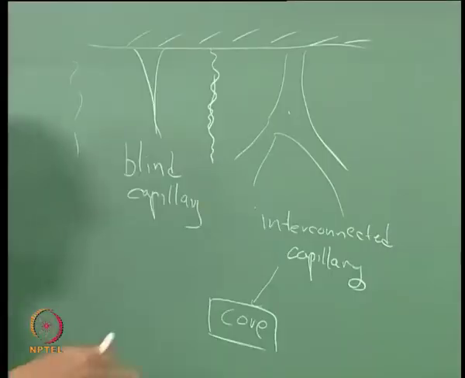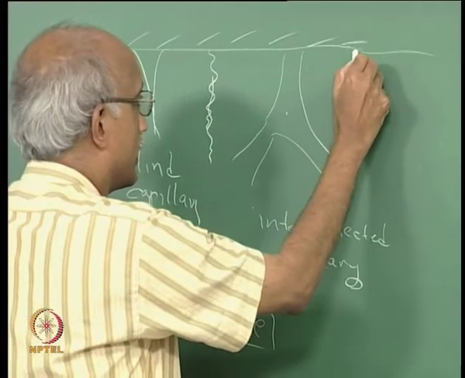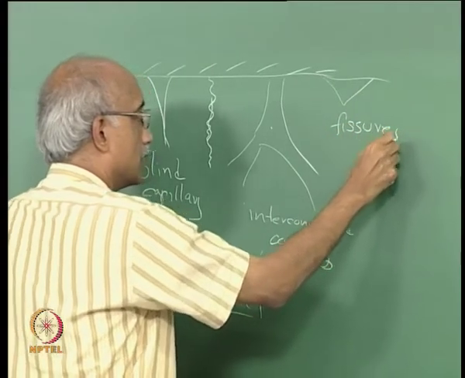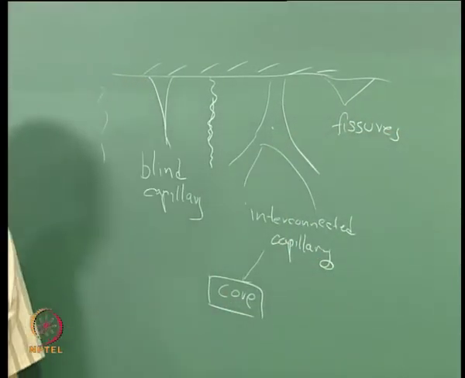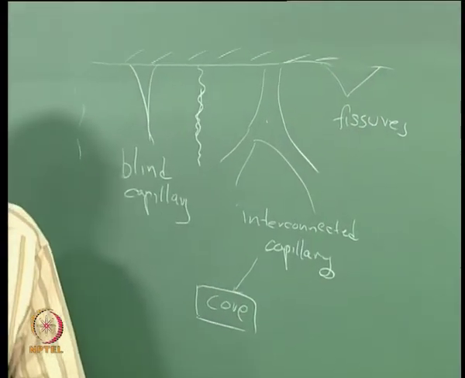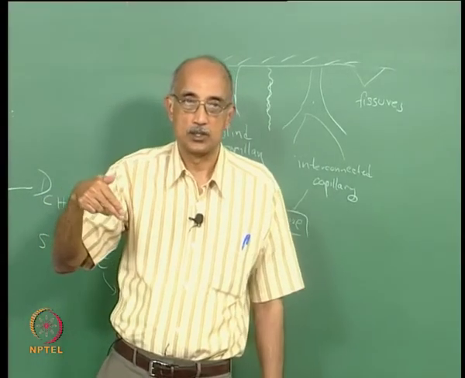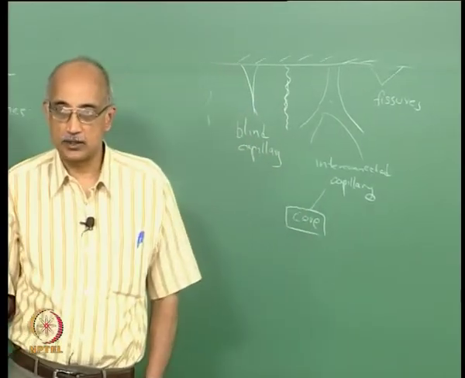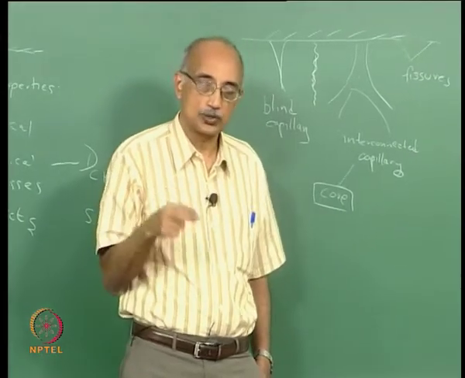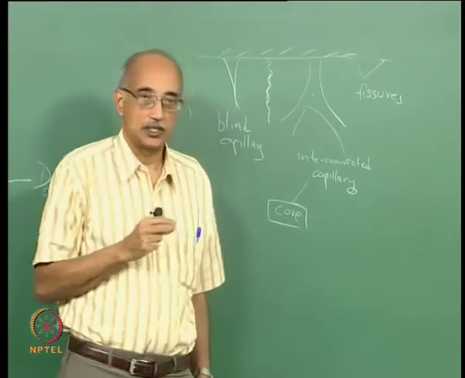The other thing that you will normally see is what are known as fissures. A fissure is essentially where the surface has broken off. So it's like a chip in the surface. Now it's a type of surface defect unless the fissure is caused intentionally, but for the most part a fissure is not something that you put in as a design.